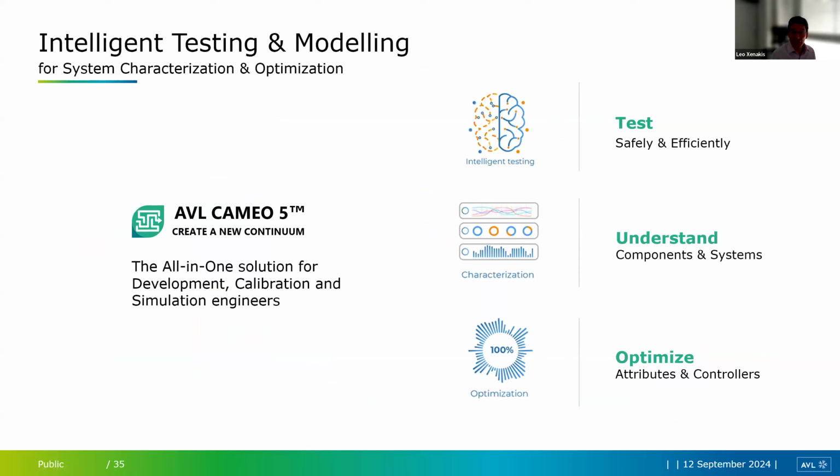So just a little bit of background about Cameo. It's a tool that allows you to test in all different environments, hence the safely here. So physical, semi-physical, simulation environments.